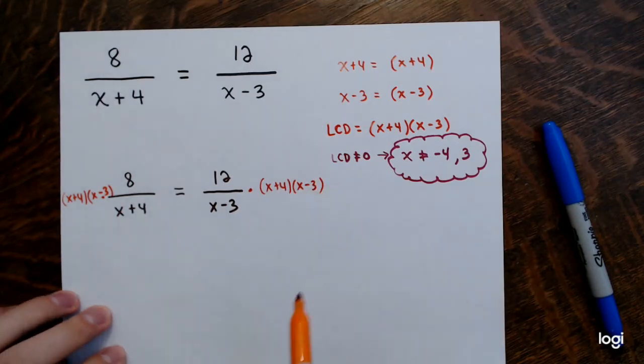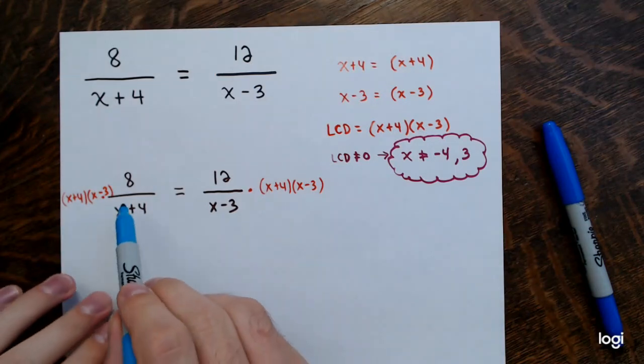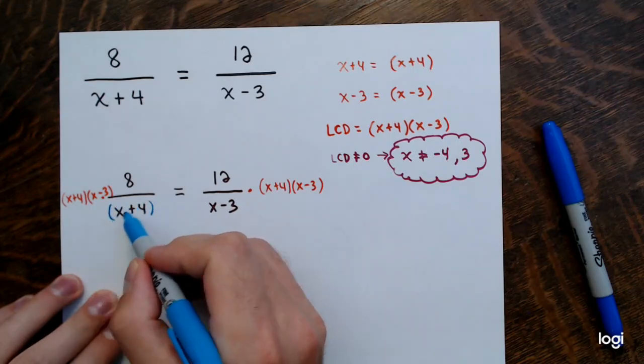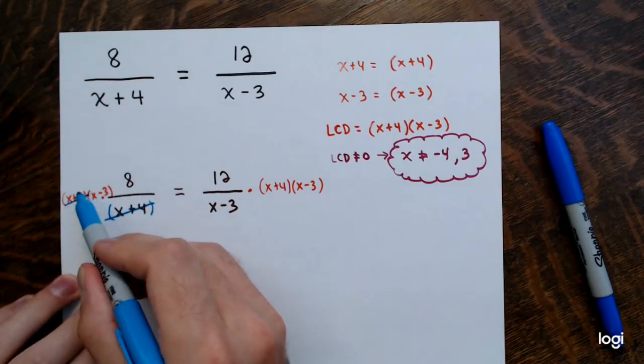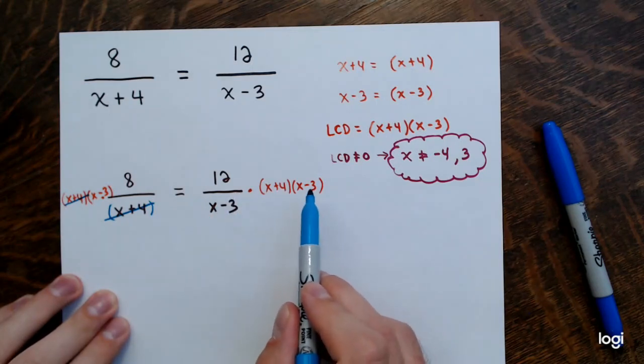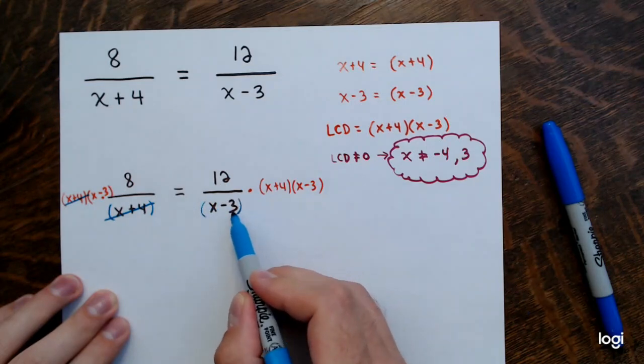And do you see how, as in the first example, when you multiply both sides by this least common denominator, all the denominators from the problem will divide out, will cancel. In this first one, I got a factor of x plus 4 in the numerator and this factor of x plus 4 in the denominator. So those go. And on the other side of the equal sign, we've got this factor of x minus 3 in the numerator and this factor of x minus 3 in the denominator.